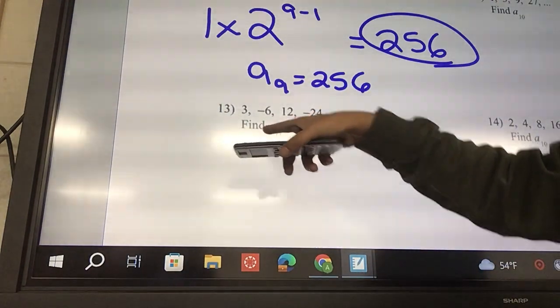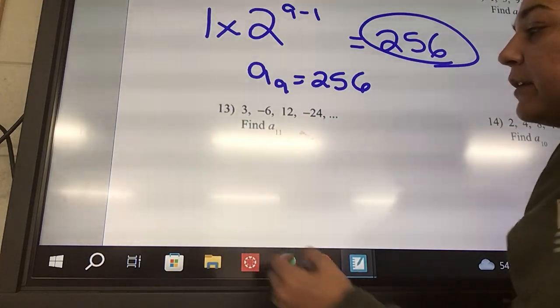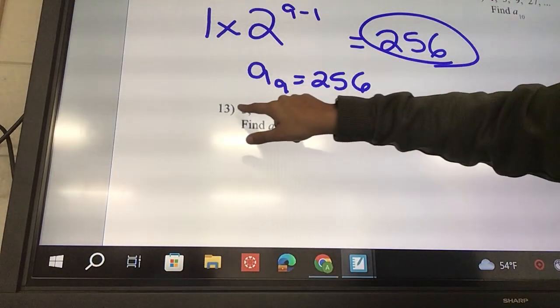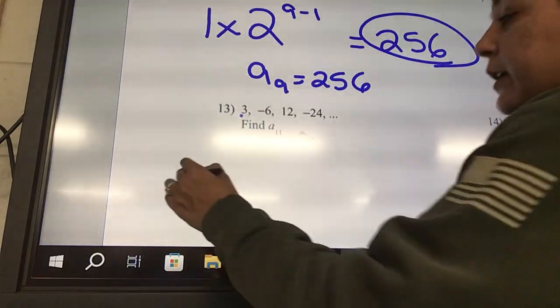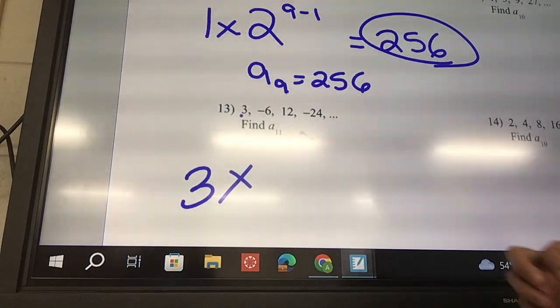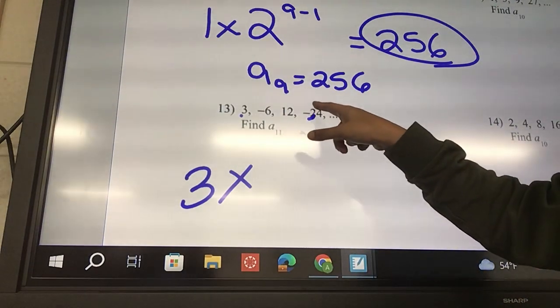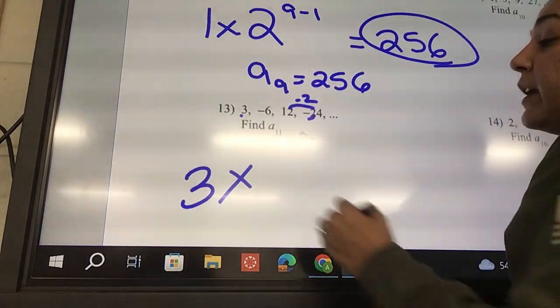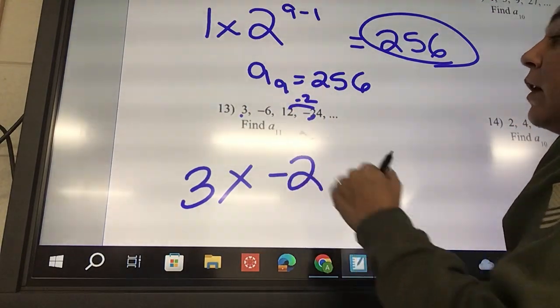So whereas like number 13, it's going to look like A sub 11, which I'm going to do. Okay, so number 13, my A sub 1 is my first term. So that's going to be a 3. 3 times, now I need to find my common ratio. Okay, so I'm going to say negative 24 divided by negative 12 is going to be negative 2. So my common ratio is going to be negative 2.